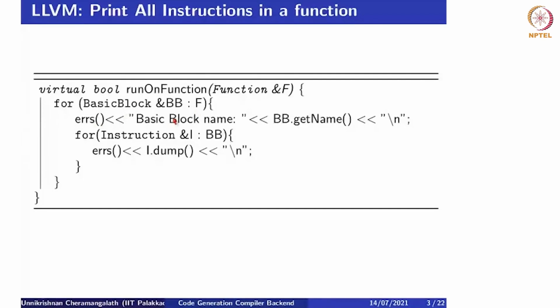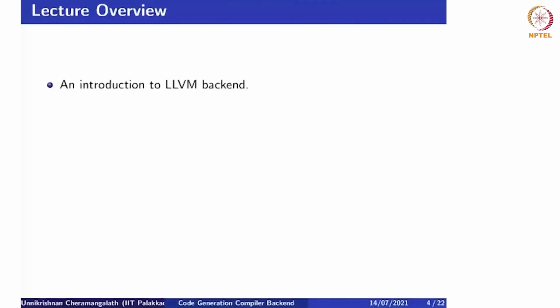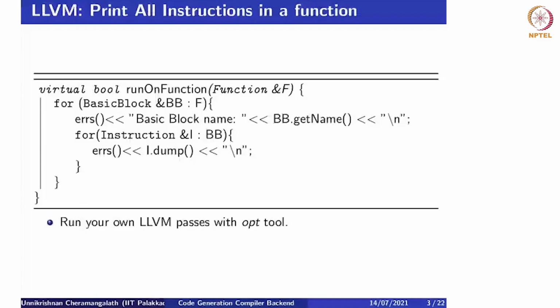Then for each instruction I, you print all the instructions in the basic block using I.dump. So this is the LLVM IR that you have, maybe you worked on the LLVM passes. You might have read code similar to this. Then you run your LLVM passes with the opt tool.